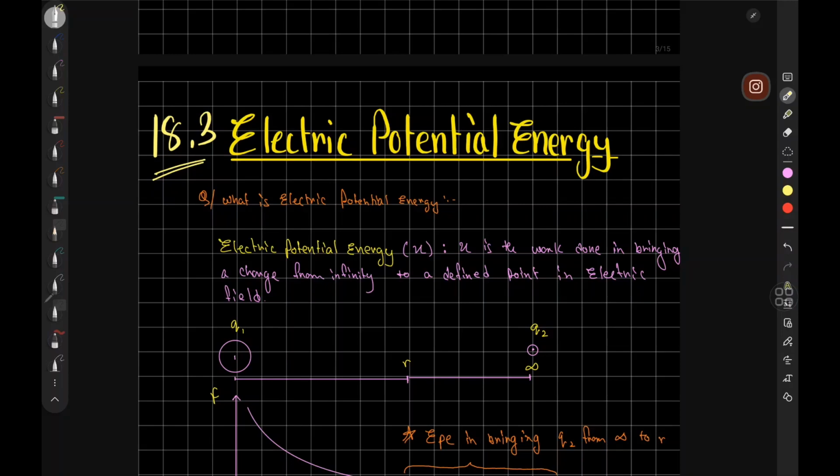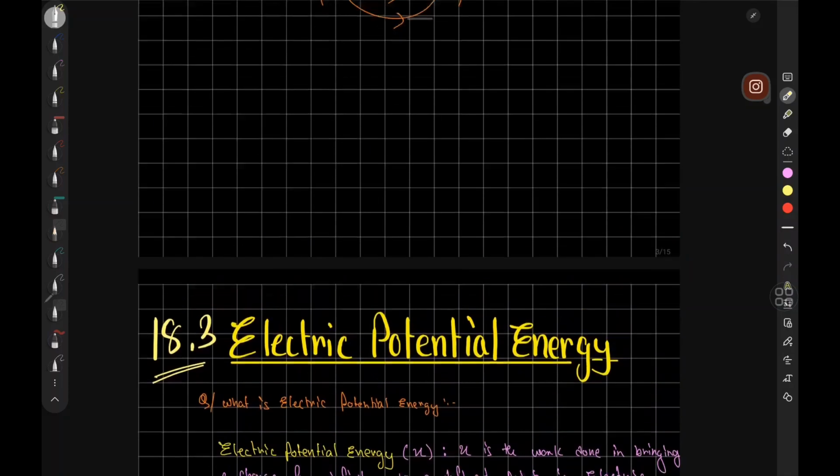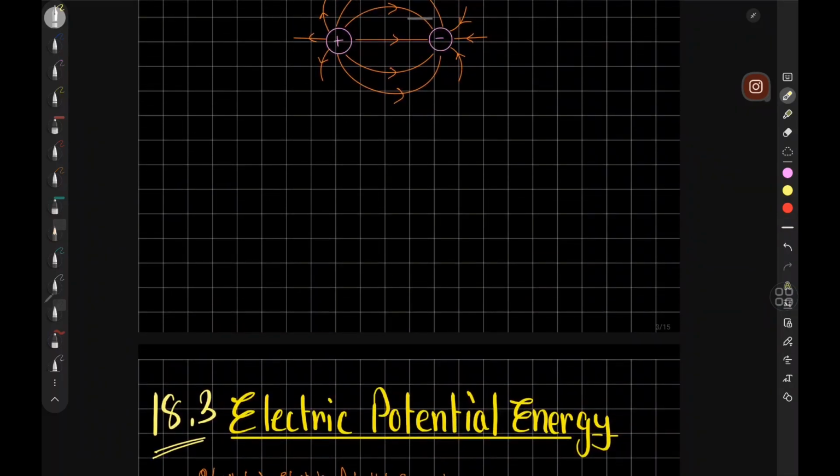Now, this definition might seem similar to that of gravitational potential energy, and that is because it is similar. The logic is quite similar, but I need to clarify one basic thing about the difference between gravitational potential energy and electric potential energy. Mind you, for gravitational forces, right? Let's say this is your Earth, our green Earth, and the gravitational force, the fields are actually always attractive.